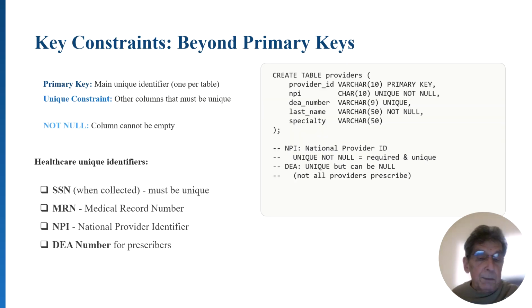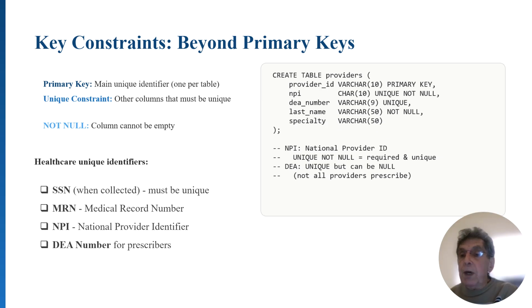Beyond primary keys, you often have other columns that must be unique. Key constraints handle these cases. Primary key, you can have only one per table. It's unique, cannot be null. It's the main identifier for that table. Unique, you can have multiple unique constraints per table.